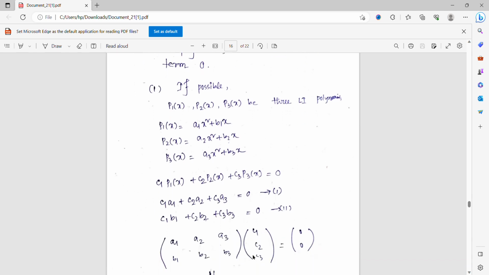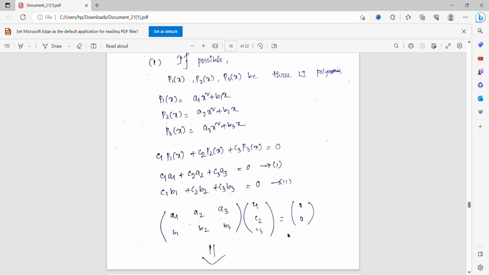If I compare the coefficient of x, then I get c1 b1 plus c2 b2 plus c3 b3 equal to 0. So I can do it as a system of linear equations where this is a 2 cross 3 matrix and this is c1, c2, c3, the solution vector. Now you can easily see that any 2 cross 3 matrix you can think of as a linear map from R3 to R2, right? So definitely its null space contains a non-zero vector.